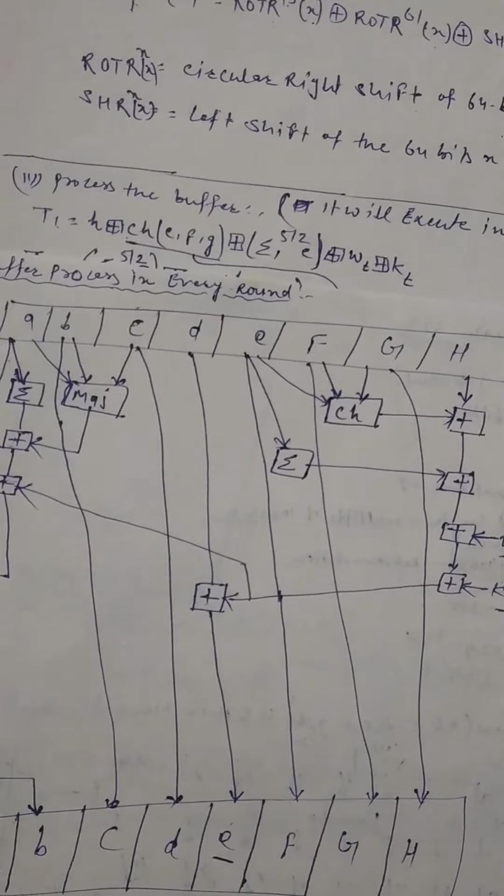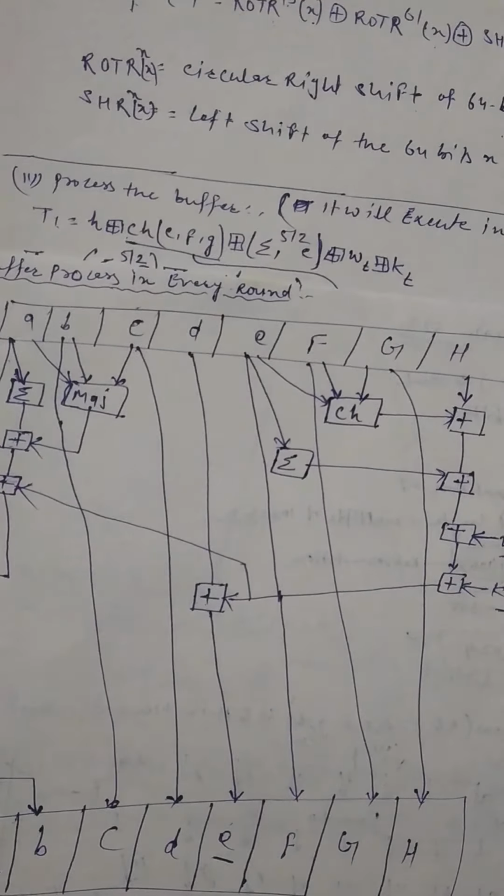T1 equal to H, this is our H, so let me make it small h. Then we are taking the conditional function of E, F and G; the E, F and G content we are taking from here, and then we are applying the output of this one here, and we are applying addition modulo.